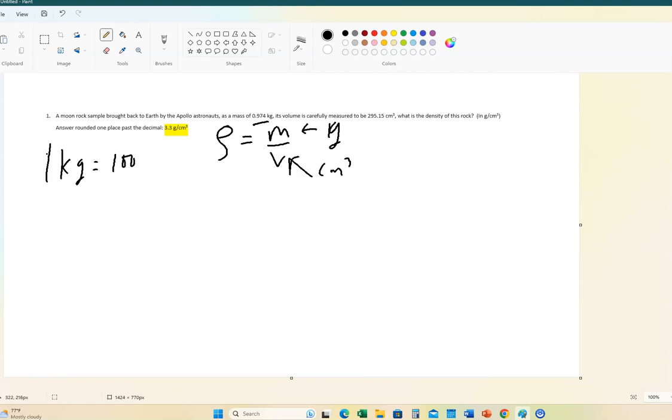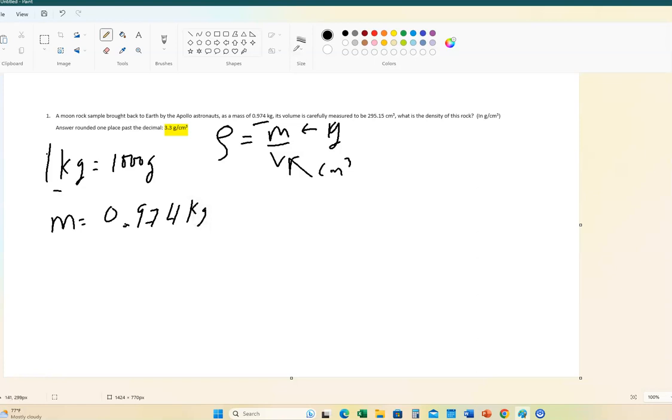So the mass is given to us as 0.974 kilograms.